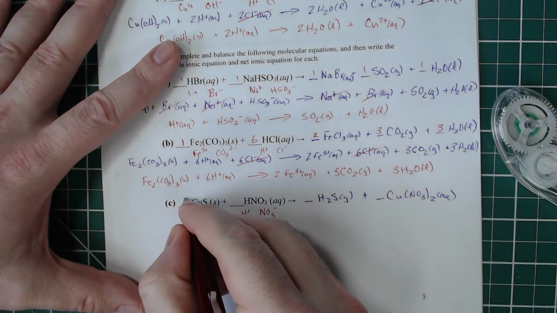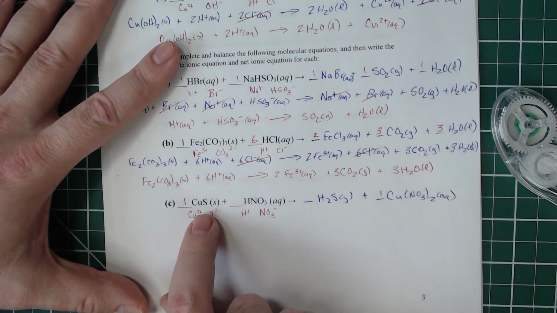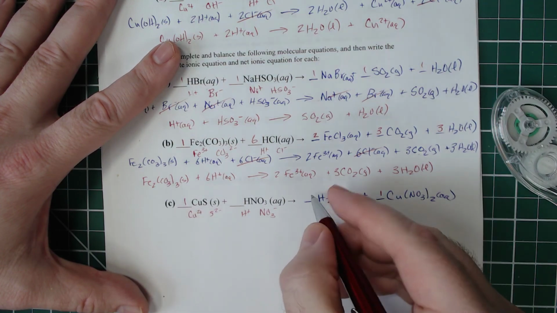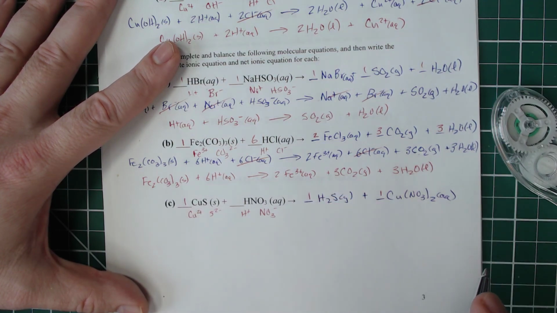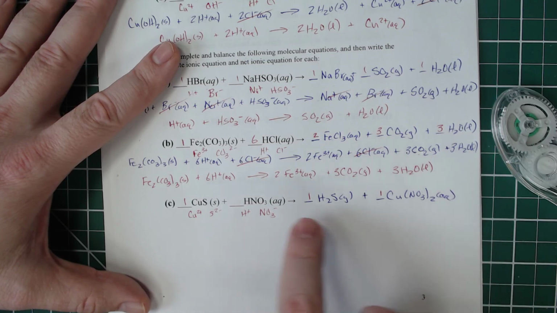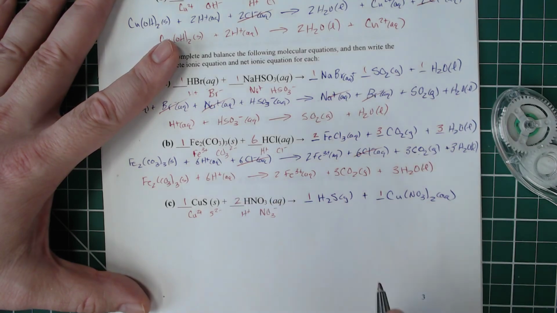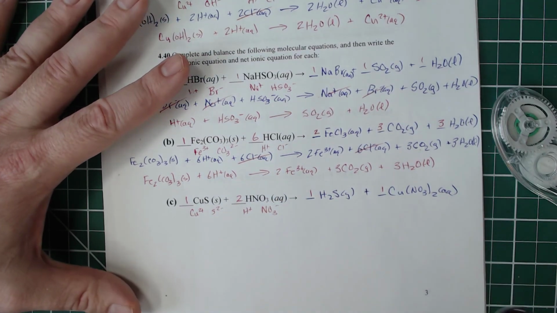Copper is our biggest one, and I'm going to lock the coppers in place by putting 1 in front of each. For sulfur, we've got 1 sulfur here and 1 sulfur there, so sulfur is balanced. Now let's look at nitrogen. We've got 2 nitrogens locked in place over here, so 1 times 2 times 1, that's 2. We'll put a 2 in front of nitric acid.